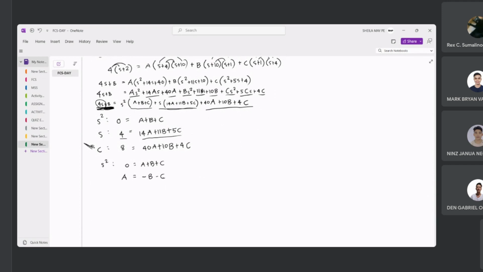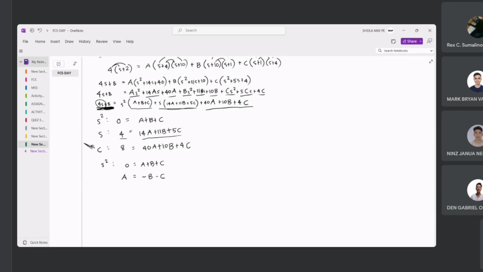Okay, next, you can choose from the s and constant equations. Okay, equating two functions? What do you call this?